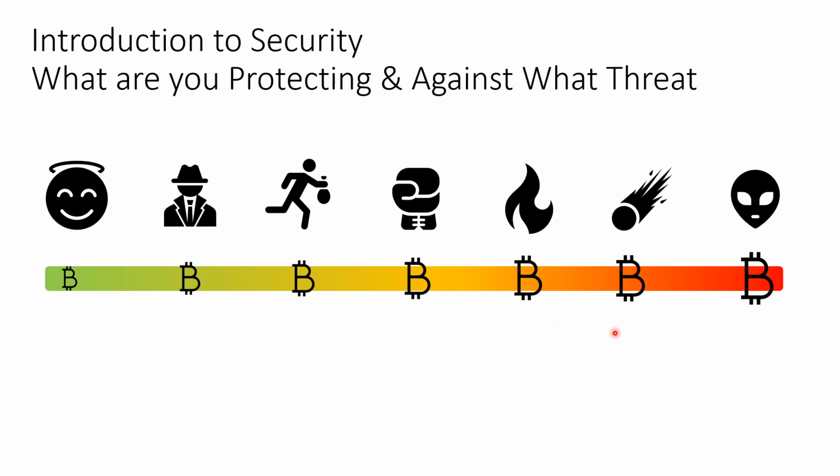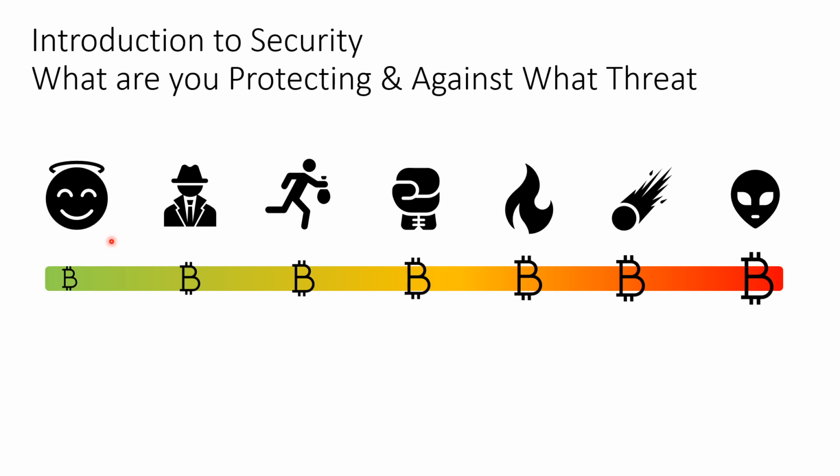If our funds are larger, we probably need a little bit better security. And to what level of threat are we trying to protect? How extreme does our security need to be? So let's have a look at a few of these items across the top of this scale and see what it is we're actually trying to protect against and make a real assessment of what we need to do.